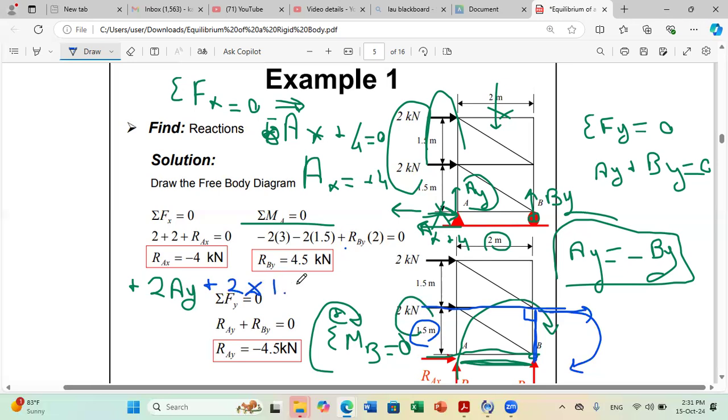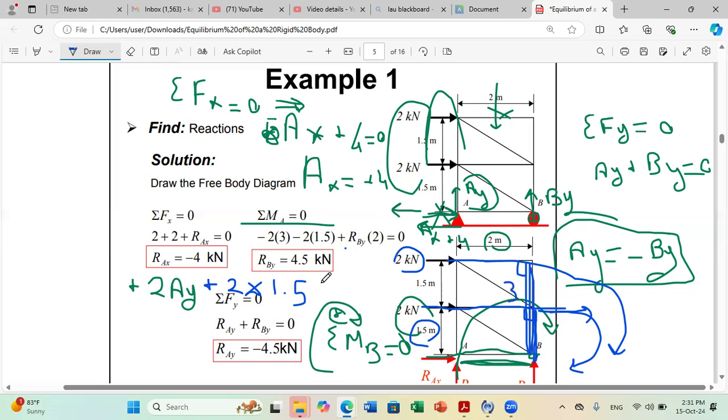Now, if I move to my second force of 2 kilonewton here, it's also producing a clockwise moment, but now the perpendicular distance is larger. If I draw the perpendicular, I have this whole distance, which is 1.5 plus 1.5 equals 3 meters.